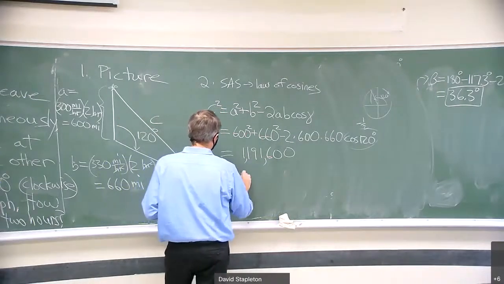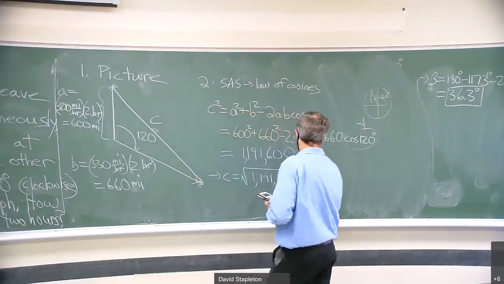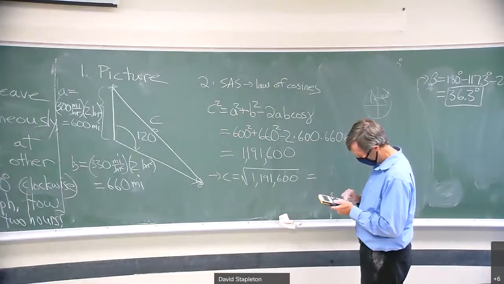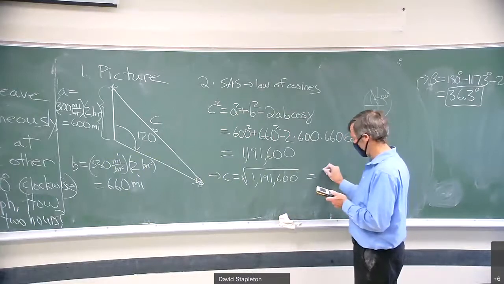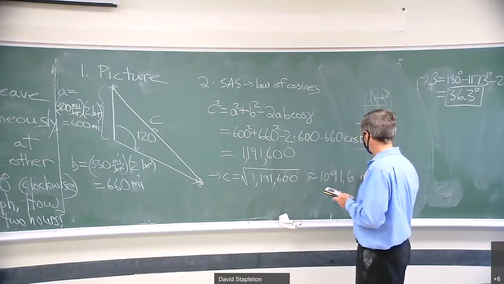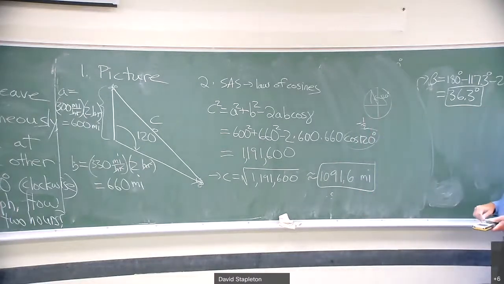Tells us that C is the square root of this number, which comes out to be 1,091.6 miles to the nearest tenth of a mile. 1,092 if you round it to the nearest mile. Okay, now this one I didn't say solve the triangle, so you're all done. But there's the law of cosines in the side case. Any questions on that one?